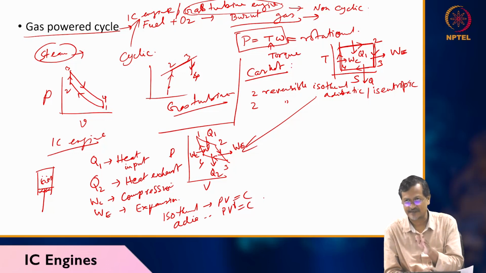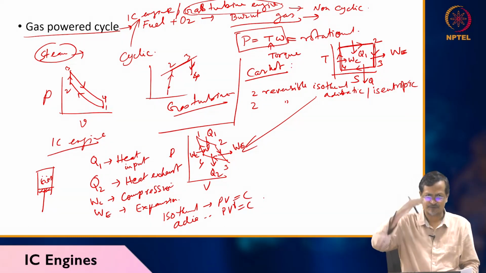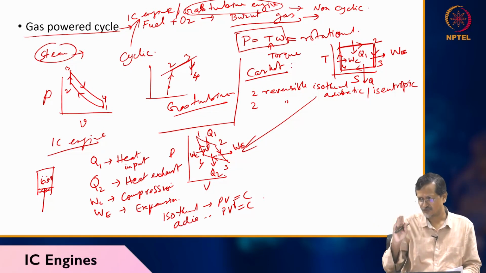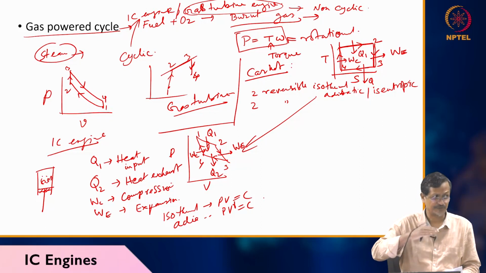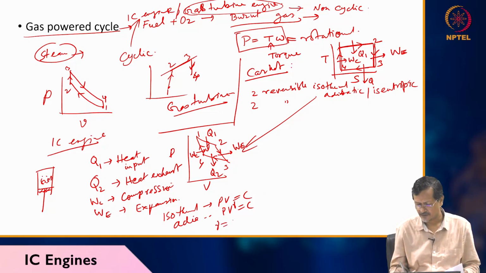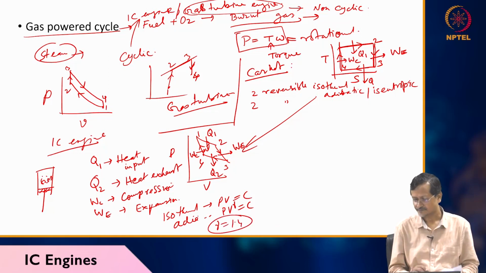We consider this as an adiabatic process. Isothermal is not possible in an IC engine because piston movement is at very high speed. So it should be adiabatic or polytropic, but since the piston moves at very high speed, we assume this is an adiabatic process and it is air. So our gamma value will be 1.4. Specific heat ratio will be 1.4.